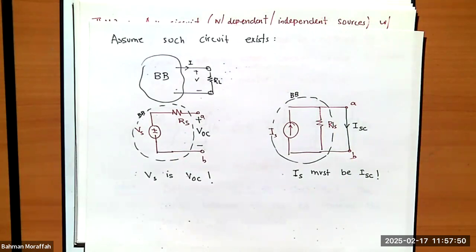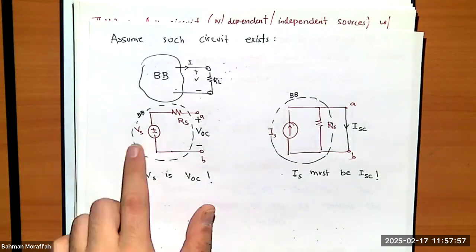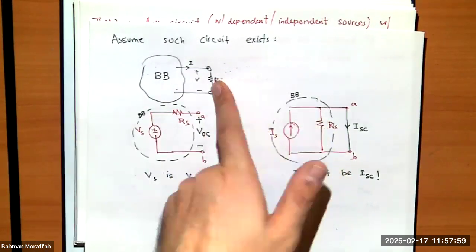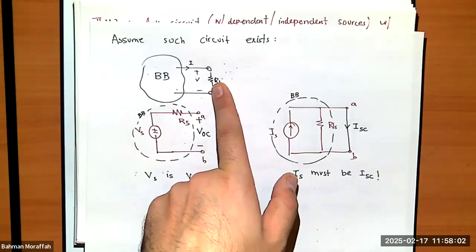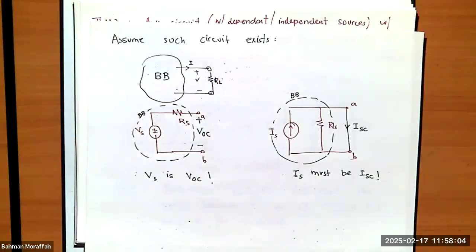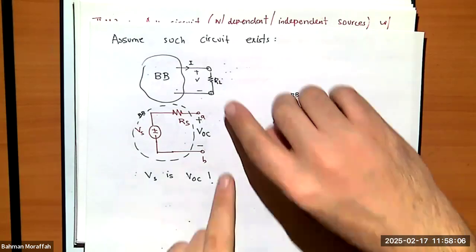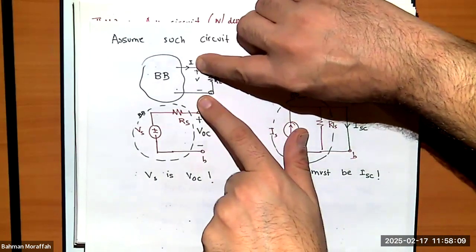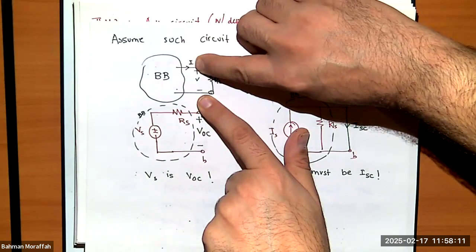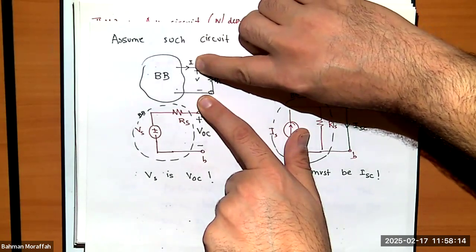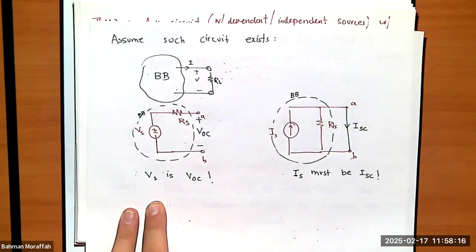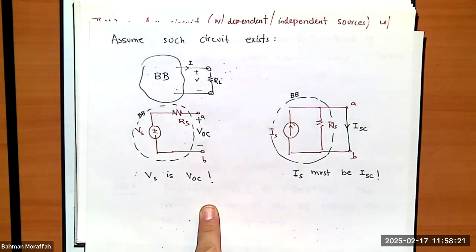So if I go back to my original circuit, since I want to have the exact same external behavior, if I want to find this Vs, I have to remove this element of interest, leave it open, and find the voltage across it. Because that voltage is exactly the voltage across these two terminals. Therefore, my Vs is indeed V open circuit, which I find in the original circuit, right?